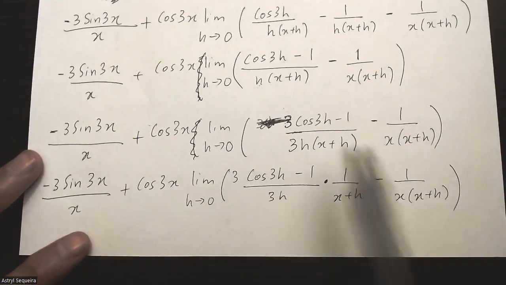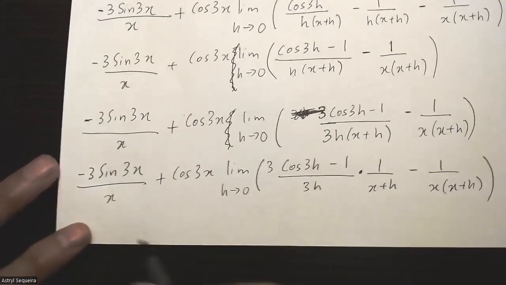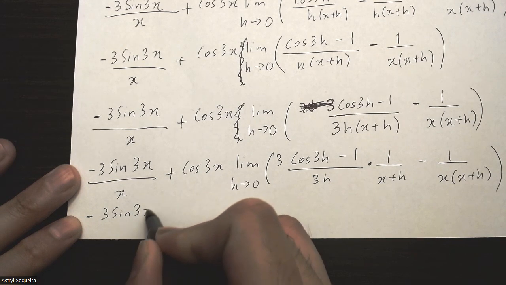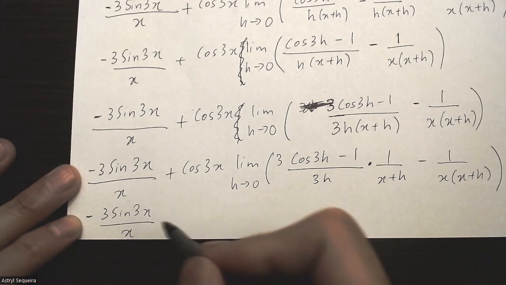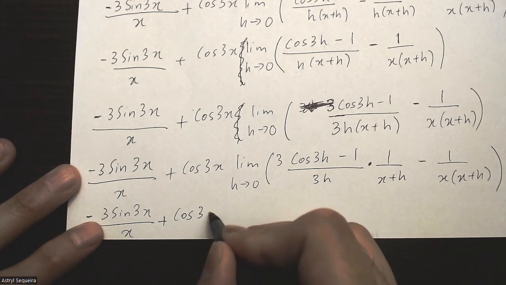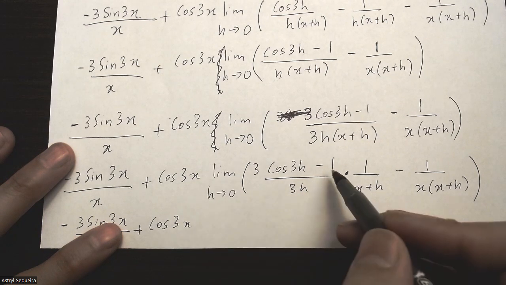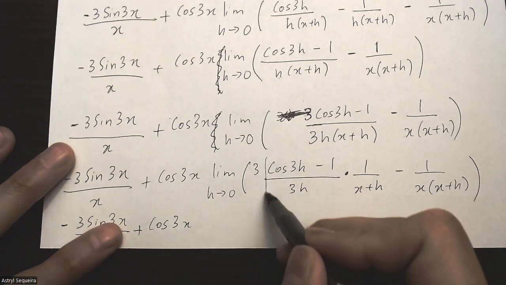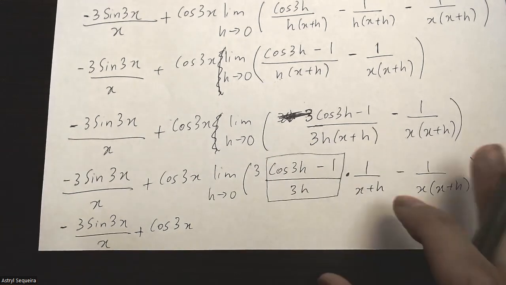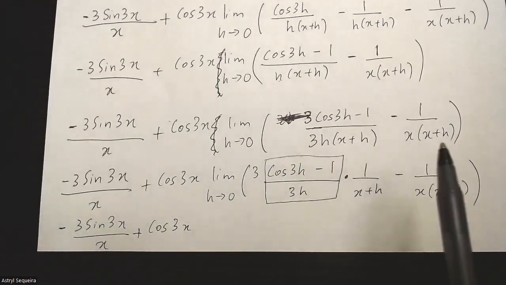And now that I've reached this point, I can finally substitute my limit into this part of the question over here. So -3 sine 3x over x plus cos 3x, lim h approaches 0 with just this part over here is my identity I'm going to use, which is just equal to 0.